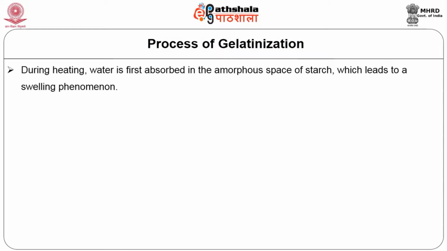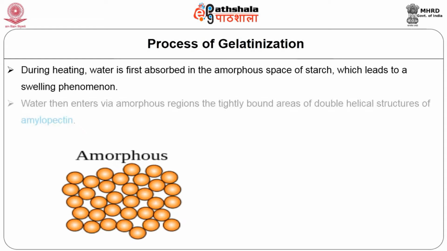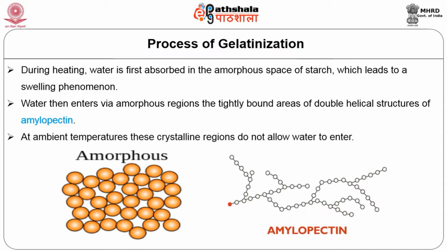During heating, water is first absorbed in the amorphous space of starch, which leads to a swelling phenomenon. Water then enters via amorphous regions, the tightly bound areas of the double helical structures of amylopectin. At ambient temperatures, these crystalline regions do not allow water to enter.